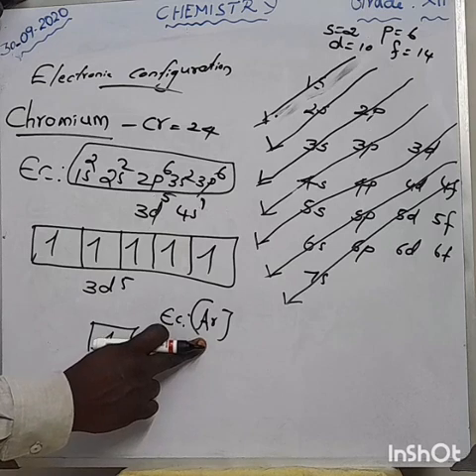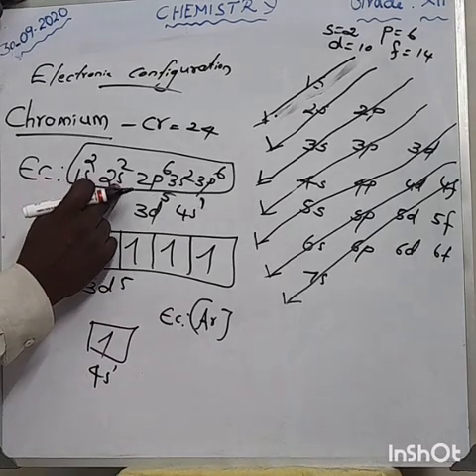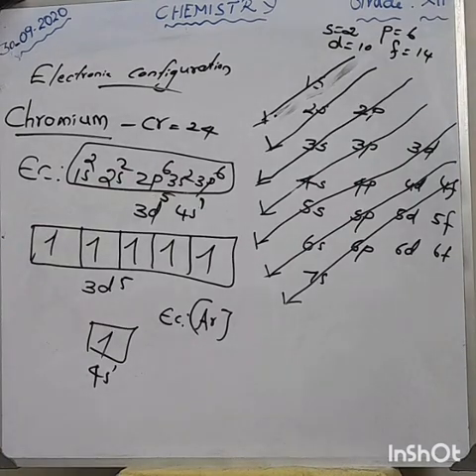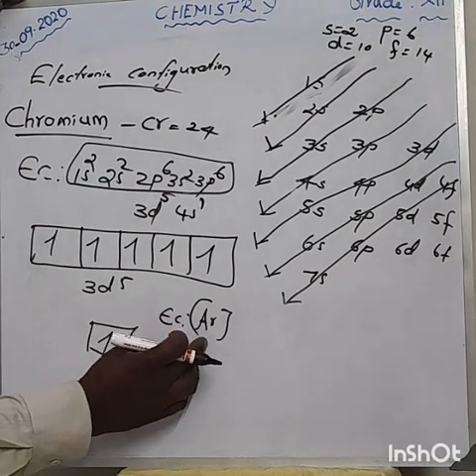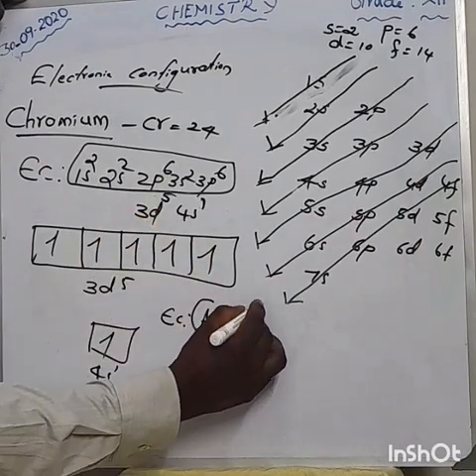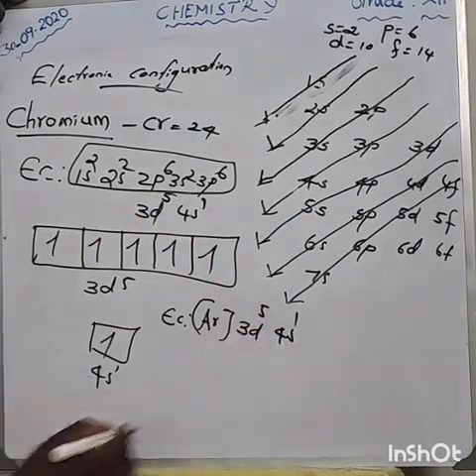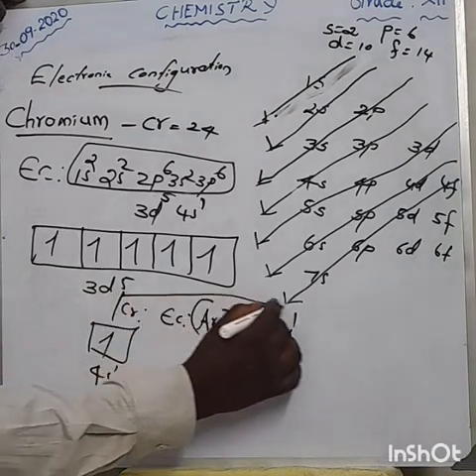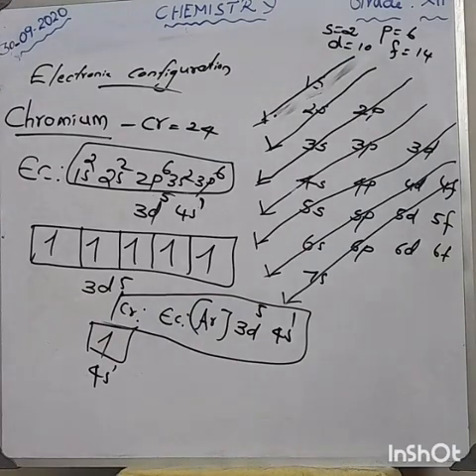So 2, 4, 10, 12, 12 plus 6, 18. So argon, next the remaining 3d5 4s1. This is the electronic configuration of chromium. Can you write?